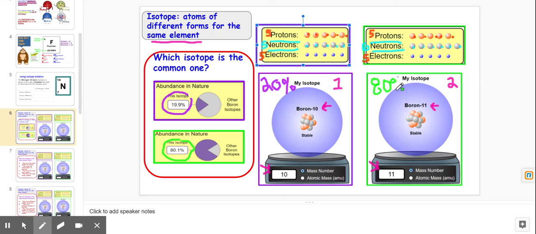So boron 11 is a lot more common than boron 10. This is going to allow us to make some assumptions or predict something about the average atomic mass. If there are a lot of boron 11 isotopes, what do we think about the average atomic mass? Do you think the mass on the periodic table will be closer to 11 or closer to 10?